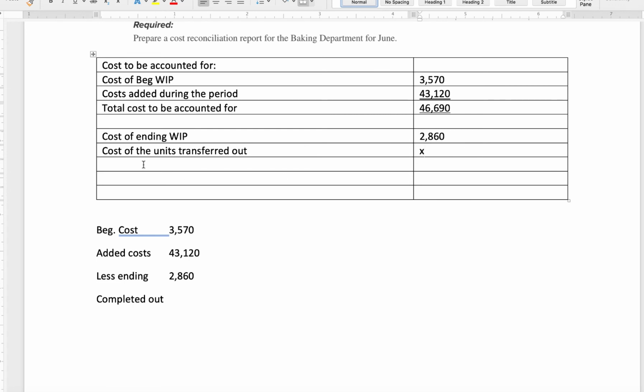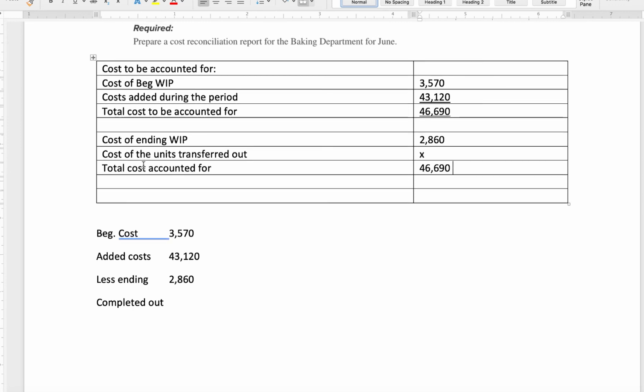We know it has to equal the total cost accounted for, which has to be 46,690. So through simple algebra, I can determine that the cost of units transferred out was 43,830, right?